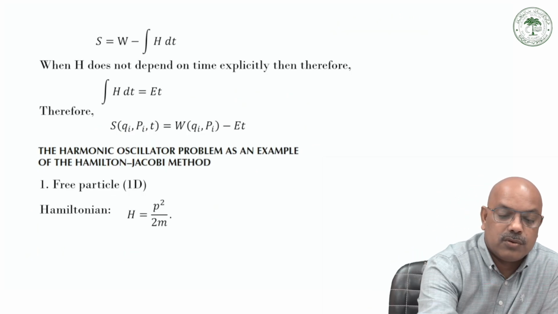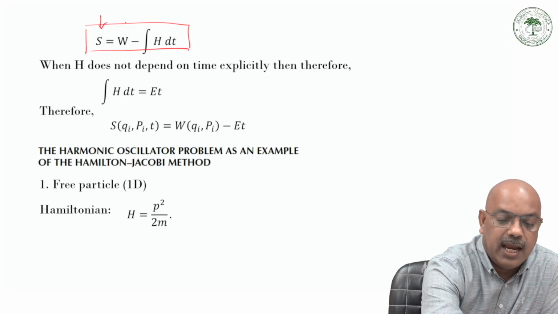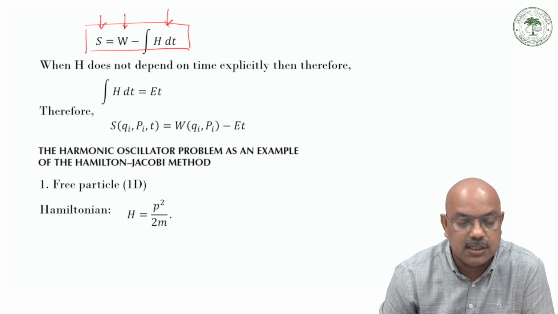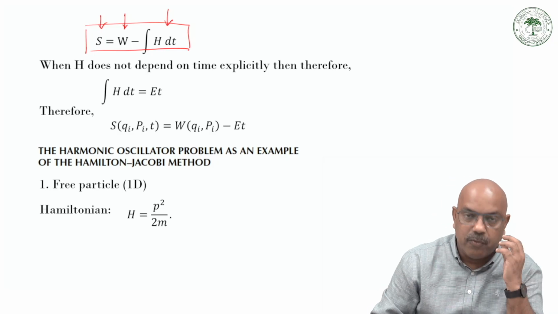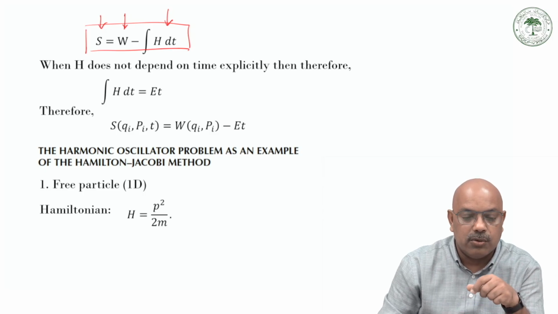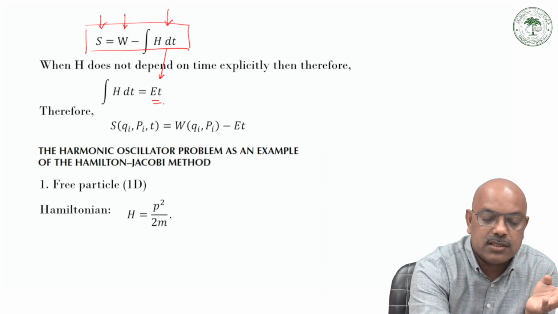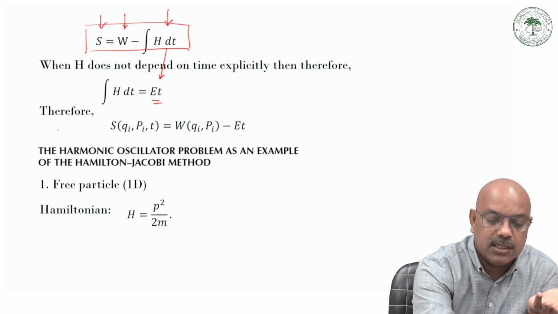Okay, so since we have this relation between the principal function and the characteristic function, there is the time integral of the Hamiltonian of the system. But the characteristic function comes into play when your system, the Hamiltonian, is not explicitly depending upon time. So this integral is going to give me Et, some constant, because H is constant in time.